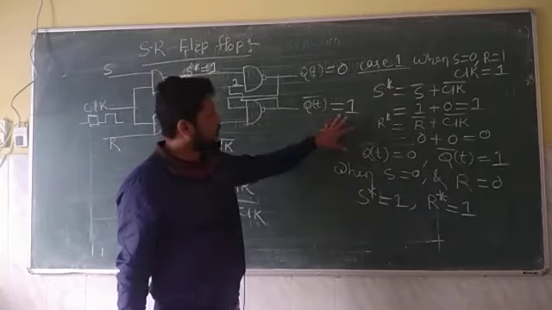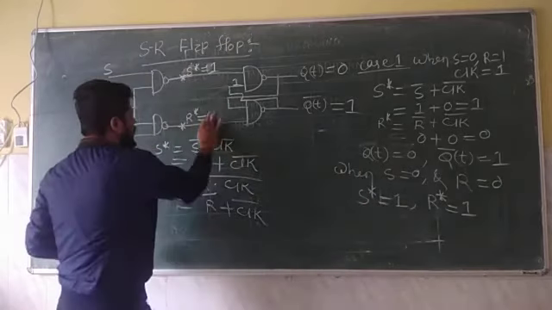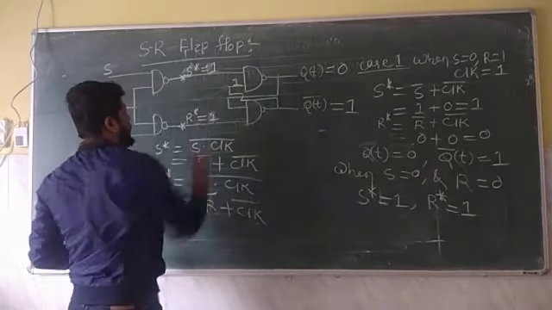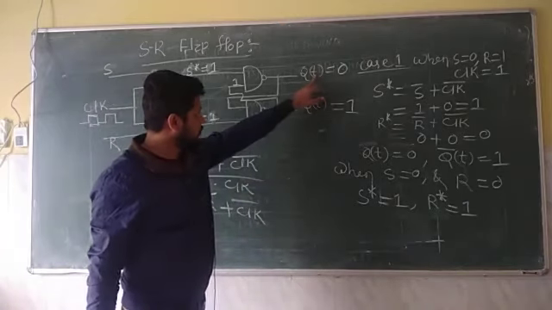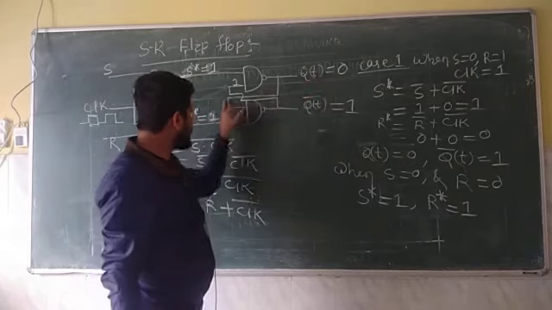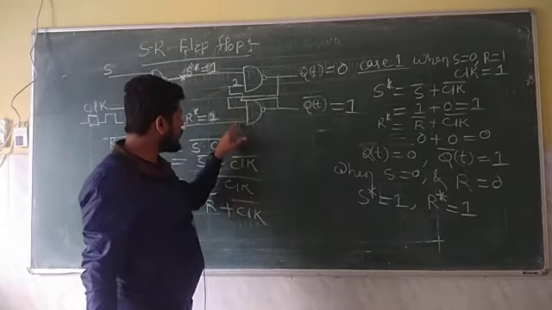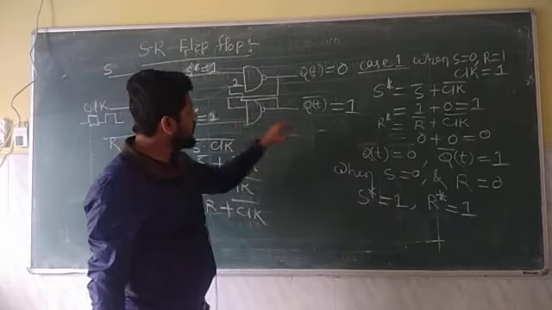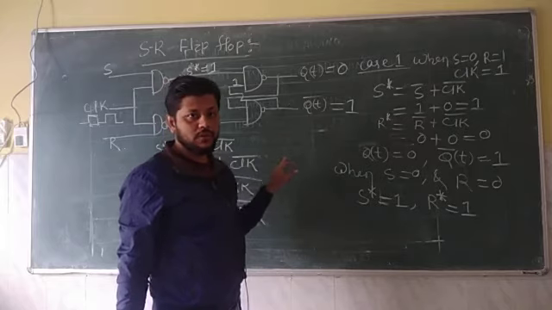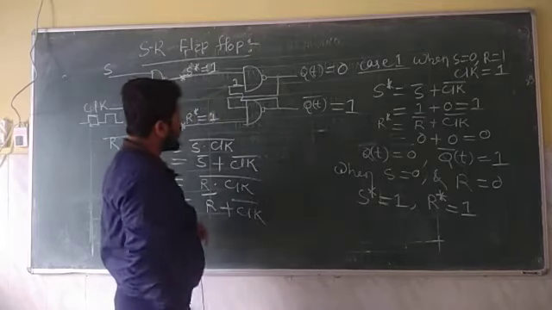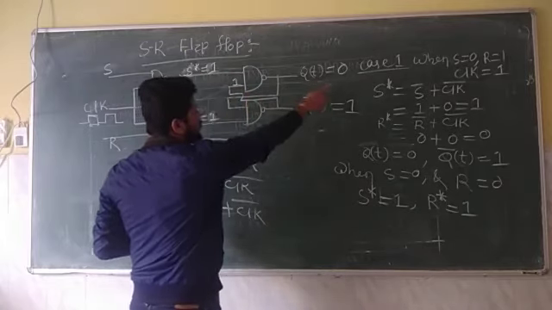So here R star is equal to 1 and A star is equal to 1. So this is 1. For a moment you must understand this: Qt is equal to 0 and this is 1. So obviously this Q bar t must be equal to 1. And again this Q bar t is equal to 1 and S star is equal to 1. So Qt is equal to 0.